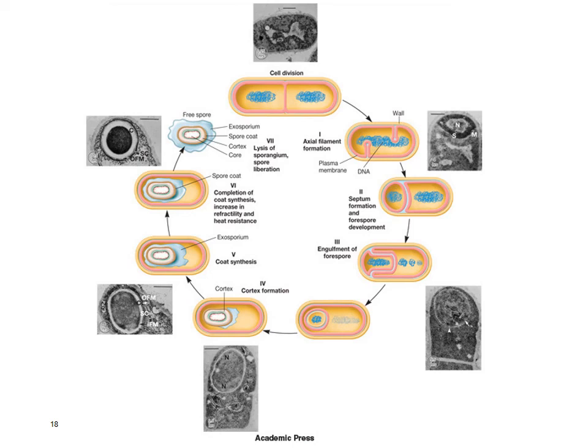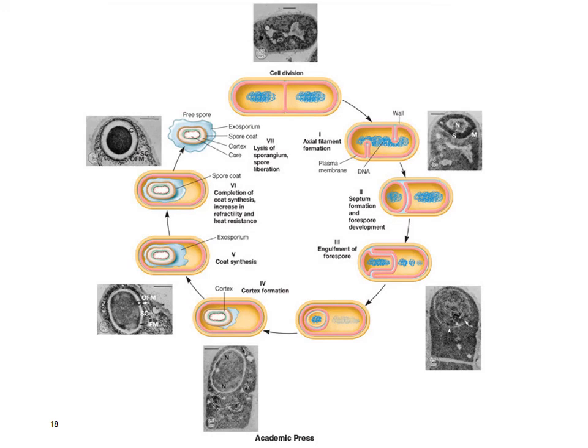Next, the cortex layer is laid down in the space between the two membranes, and both calcium and dipicolinic acid are accumulated. This occurs in stage 4. Protein coats are then formed around the cortex in stage 5. This is called coat synthesis. Maturation of the endospore occurs in stage 6.